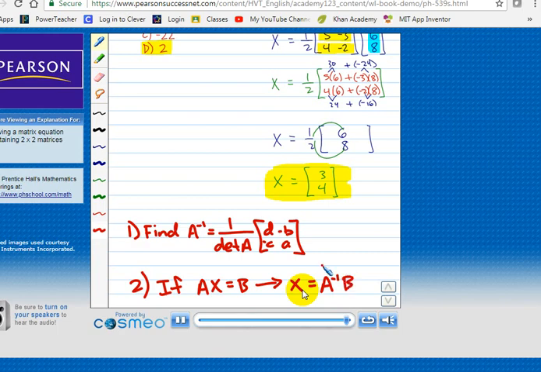Well, I hope you found this explanation to be helpful when solving 2 by 2 matrix equations.